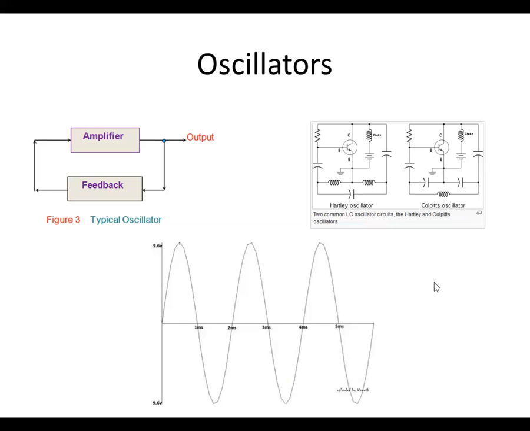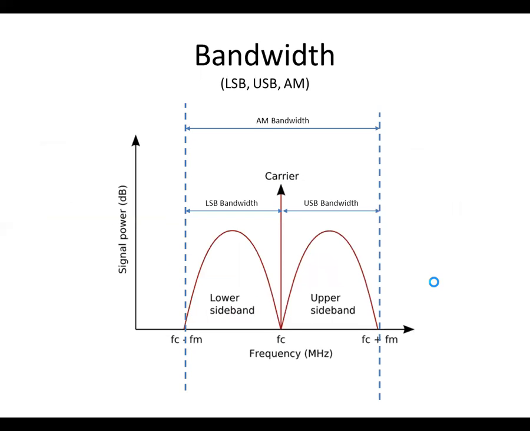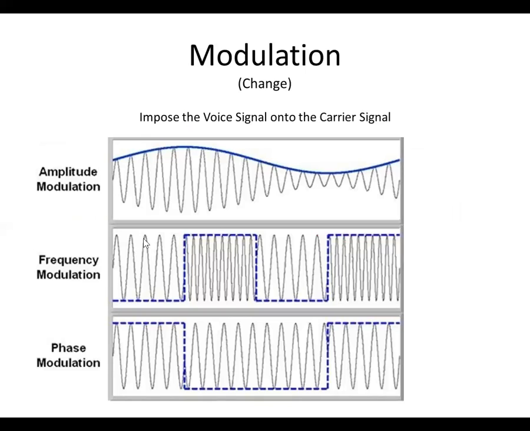So that's an oscillator, and that is what gives us this fixed frequency sine wave or square wave, depending on what is needed. We need that oscillator to get us the baseline frequency that we need to transmit.